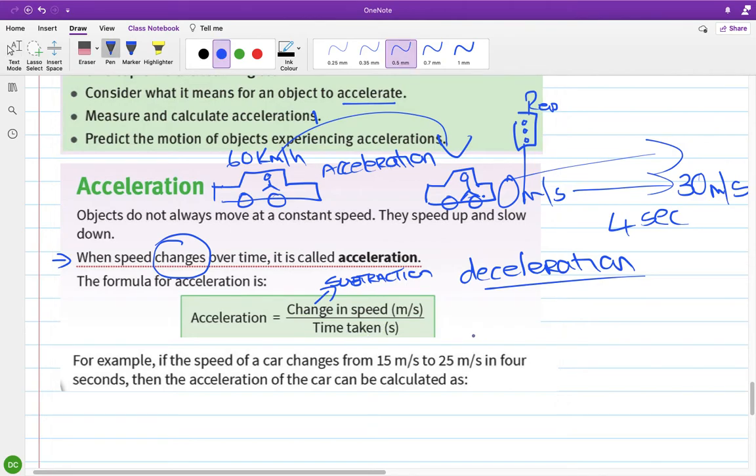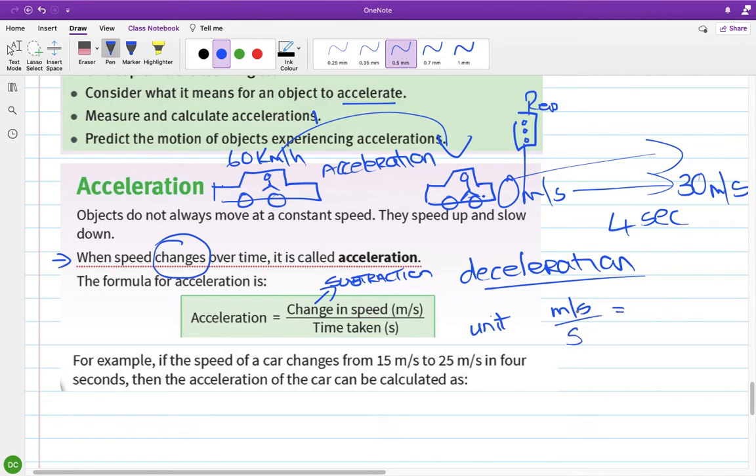The unit for acceleration. As I said, acceleration is one of those derived quantities. It comes from a couple of different things. You can see here, the unit for speed on the top is meters per second, and the bottom is seconds.